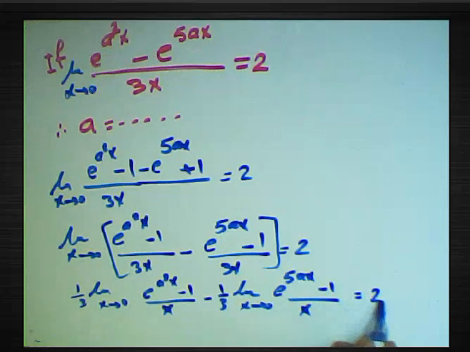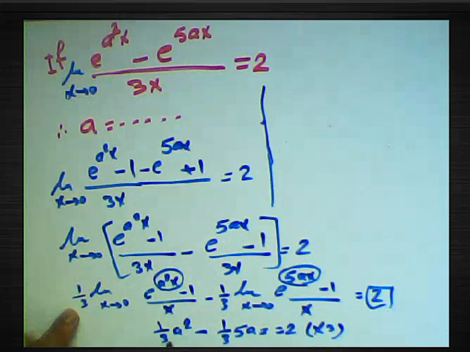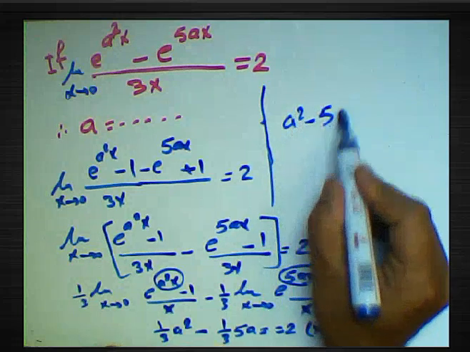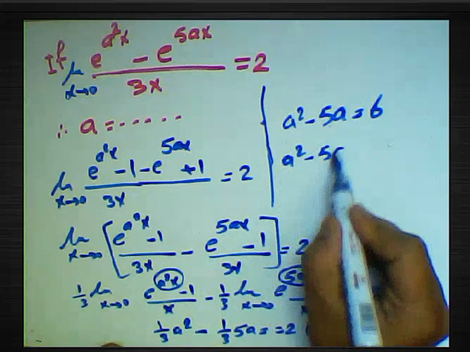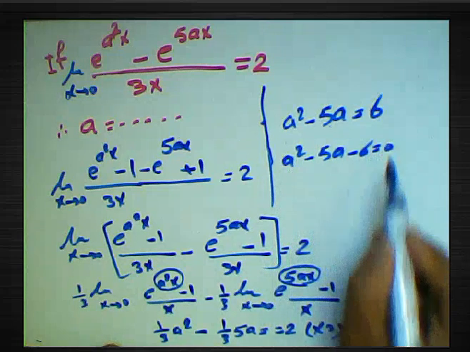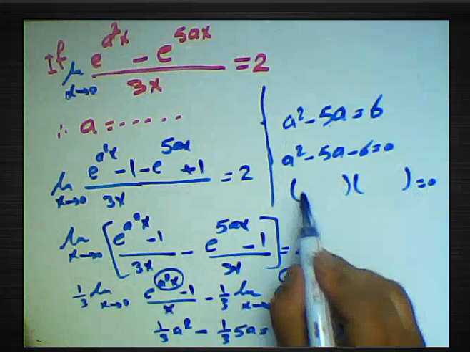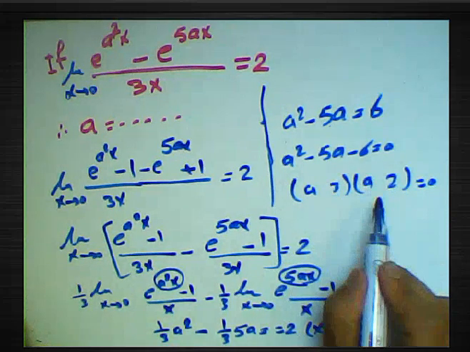The result will be equal to, the result here will be 2, and here the coefficient of x will be 5a. The result will be equal to, multiplication by 3 to simplify, 2 subtract 5a equals 6. Then a squared subtract 5a subtract 6 equals 0. You can factorize it. a times a equals a squared and 3 times 2 equals 6.